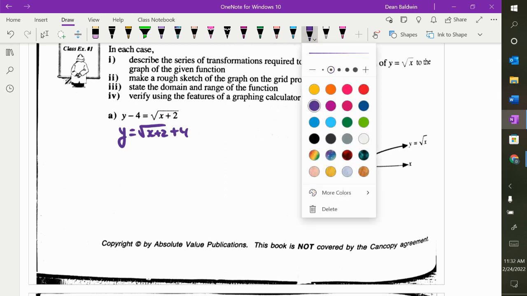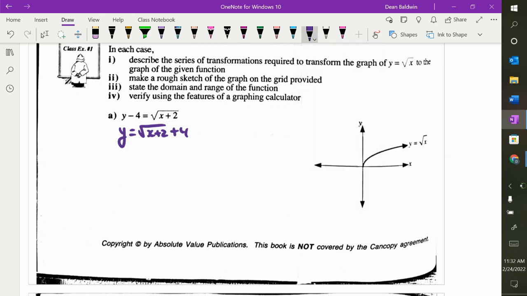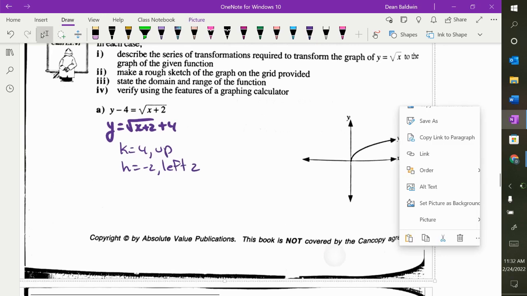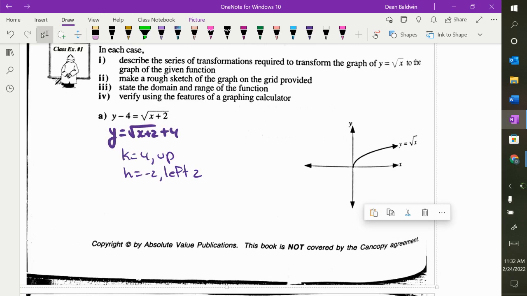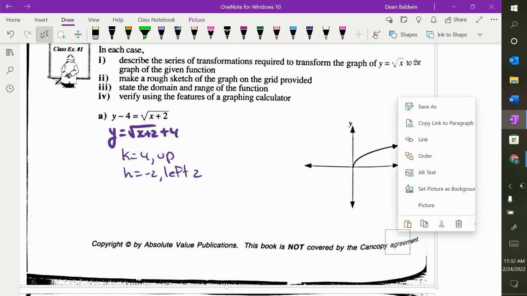Up 4 and left 2. Yeah, so we go up 4. h is negative 2, so we went left 2. And for a graph like this, just move the center.